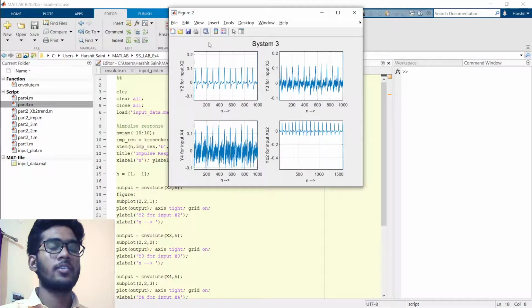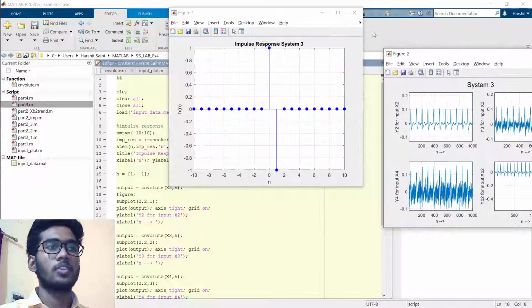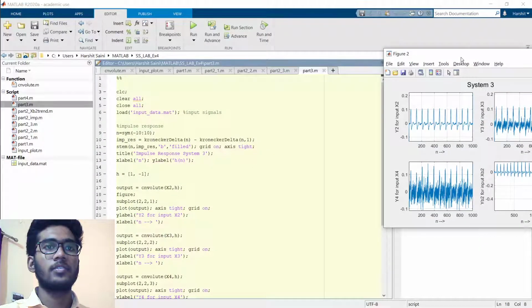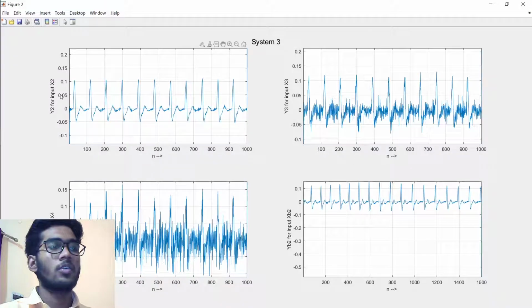These are very similar to our earlier functions. So here is our impulse response, which is non-zero for n equals 0 and 1 and 0 otherwise, and these are our output signals for inputs x2, x3, x4 and xb2. These are our output convolved signals.